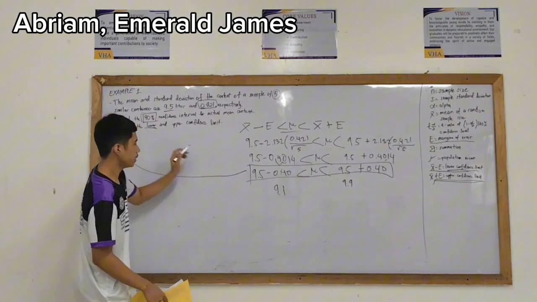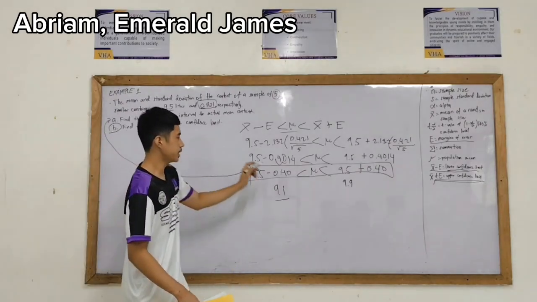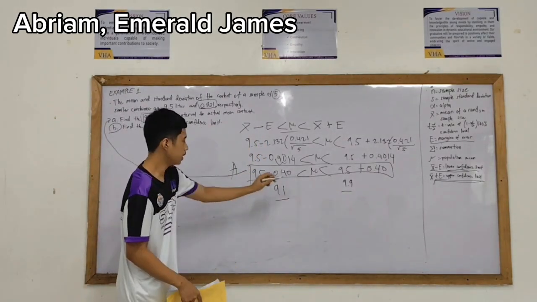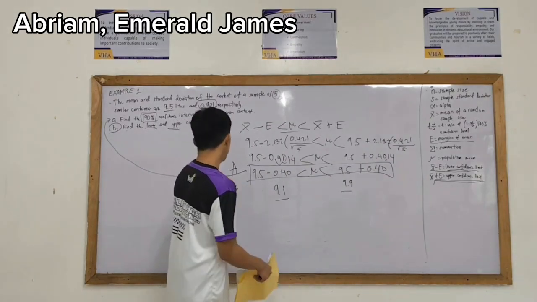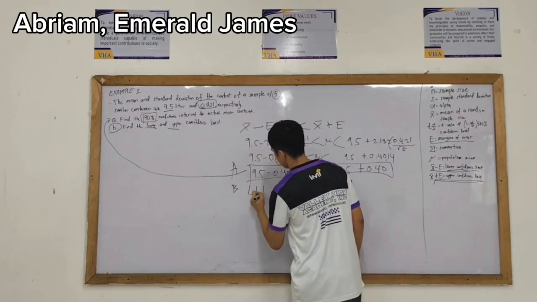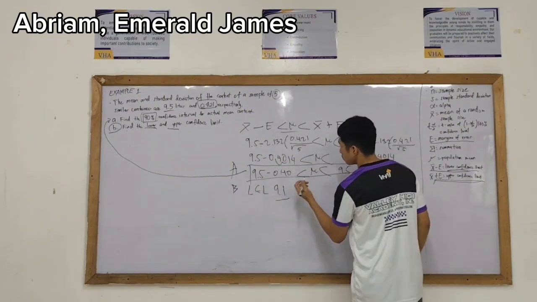Of course, the lower is 9.1 and the upper is 9.9. So this is the answer for letter A, and this is the answer for B. So this is LCL, UCL.